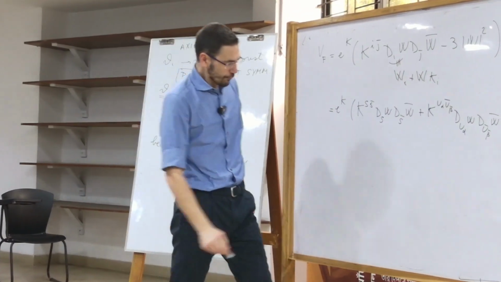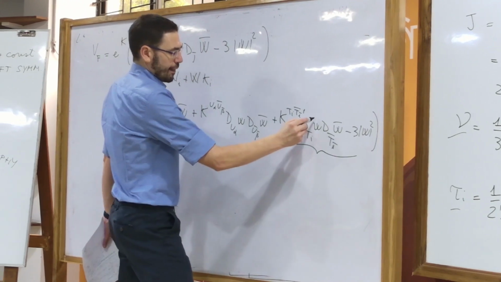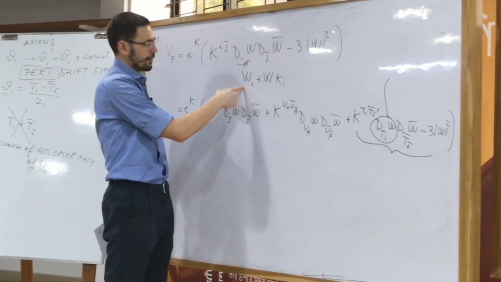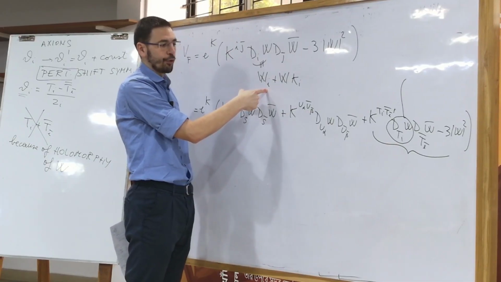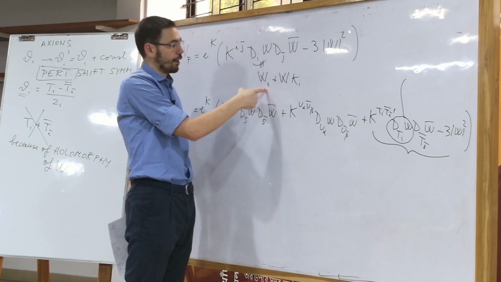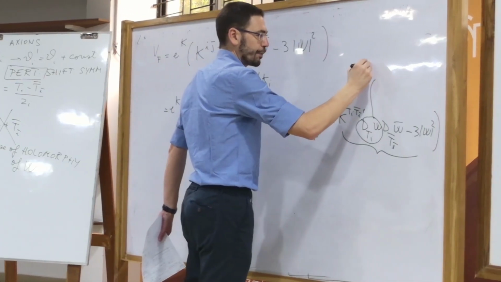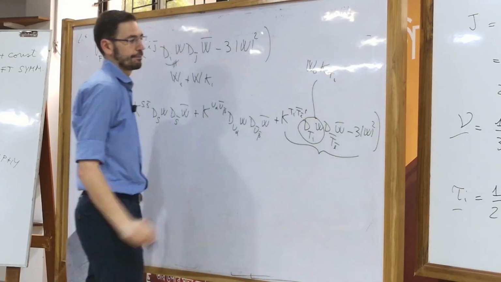Now, let's look at this term. So this guy we've seen is the derivative of w with respect to t, but we've just seen that w is not a function of t. So I remain just with w times k. So this will be w, which is w0 in our case, k t_i.